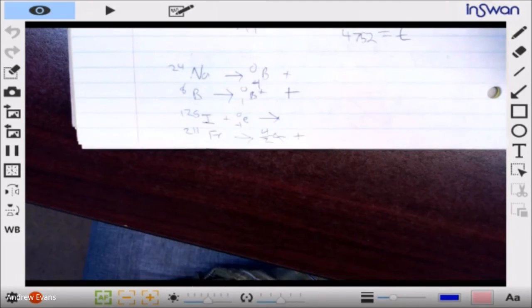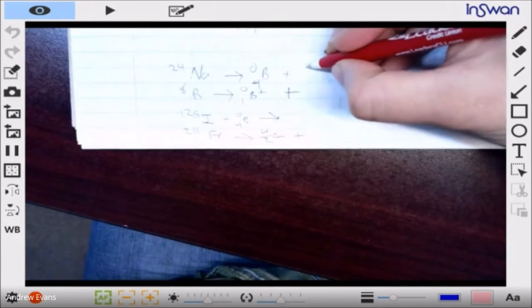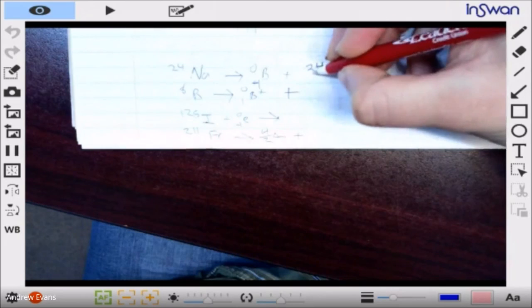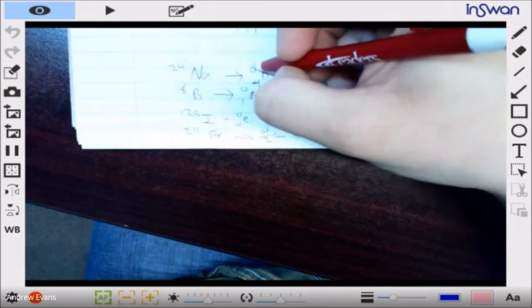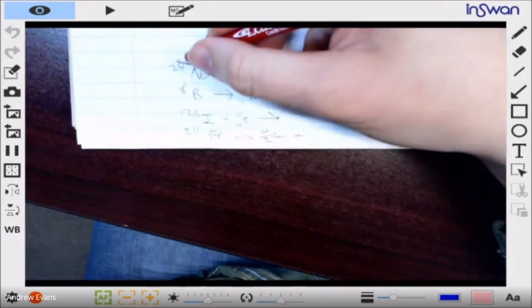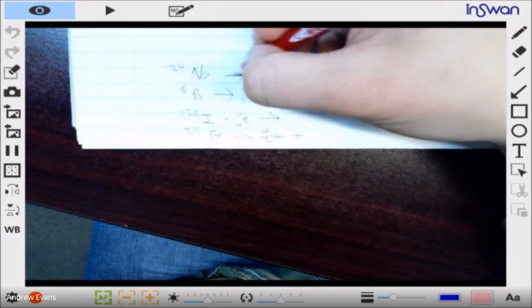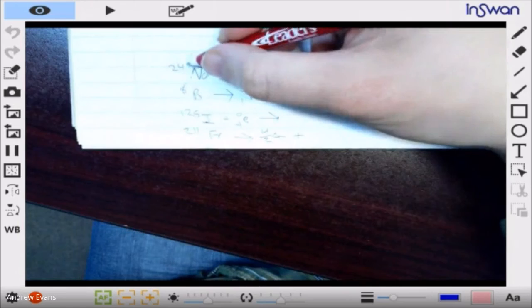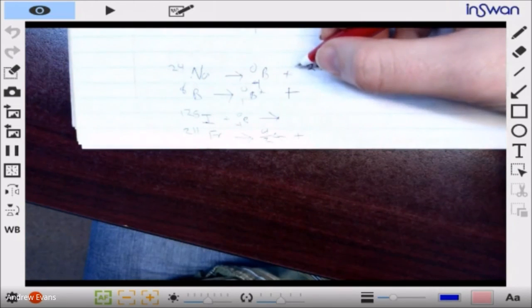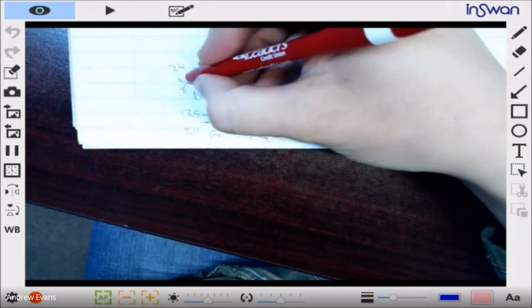So sodium. Whatever our product is, 24 is not going to change, because when we do this decay, 0 plus 24 equals 24. We're going to treat this arrow as an equal sign. The left and the right have to be the same. Now, sodium is 11.